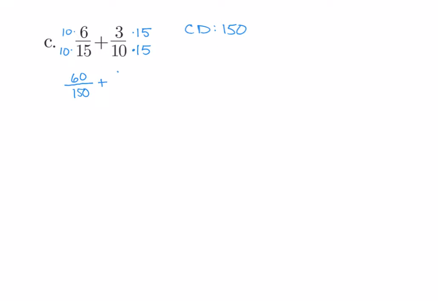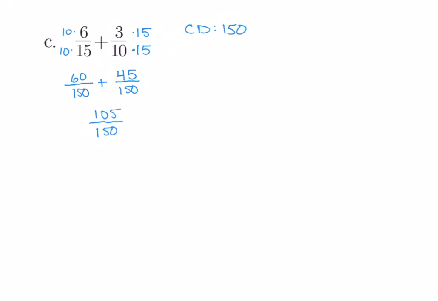If we multiply top and bottom by 15, we get 45 over 150. Now if we go ahead and add, we get 105 over 150.